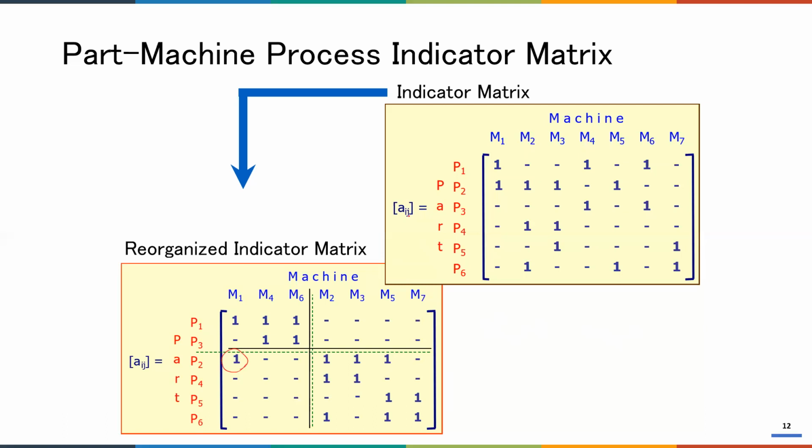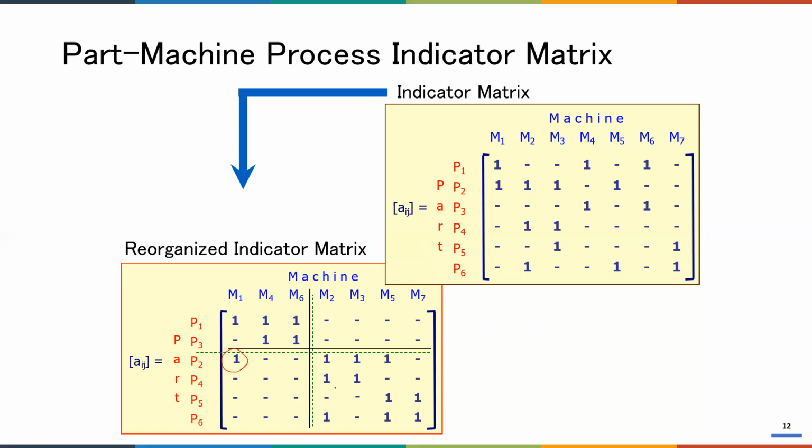This is a different indicator matrix from before, you should remember. Part 2 here also uses machine 1. However, it does not overlap with the other machines, but it uses other machines like M2, M3, and M5 that are being used by another group's cell layout.